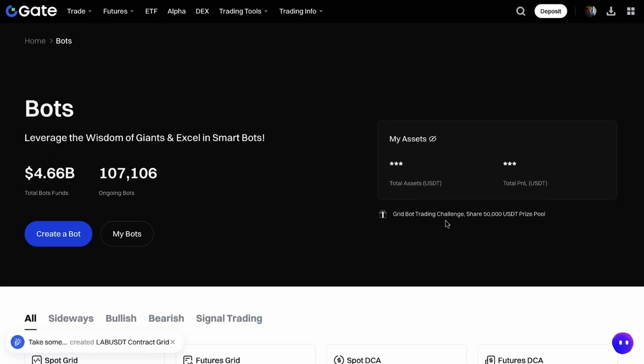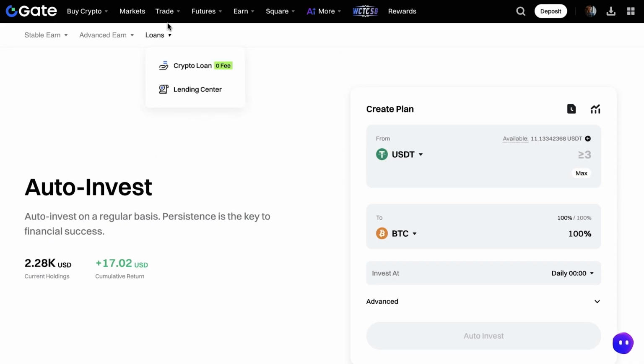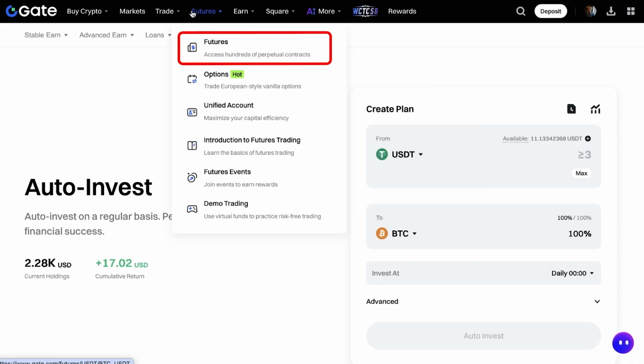Of course you can connect TradingView to Gate as well to do the signal trading here. They also provide auto invest, spot trading, futures trading, TradFi trading, pretty much anything you can imagine. So Gate is great for those who want the most number of trading products.